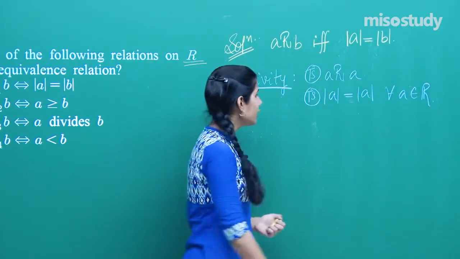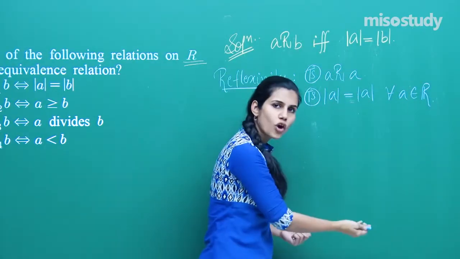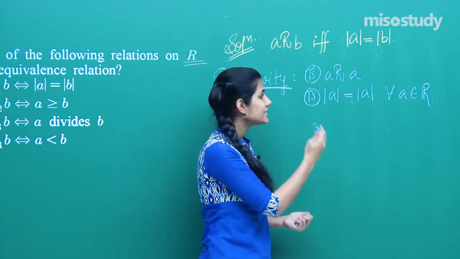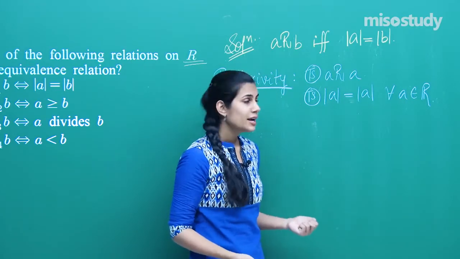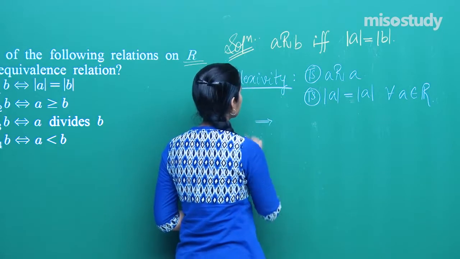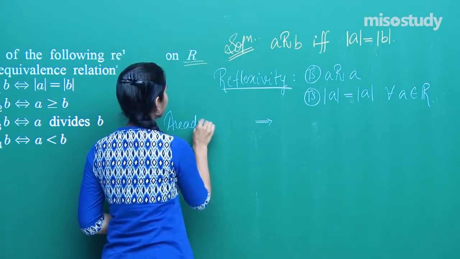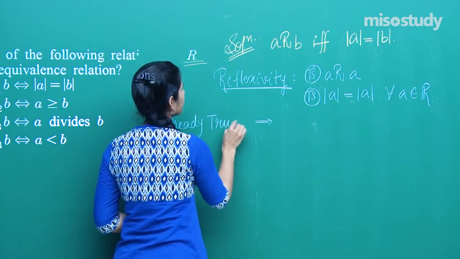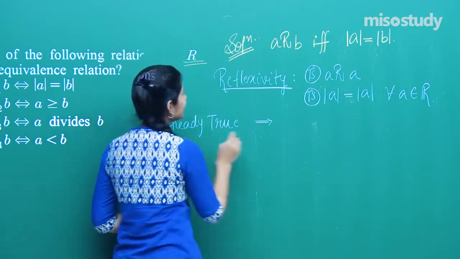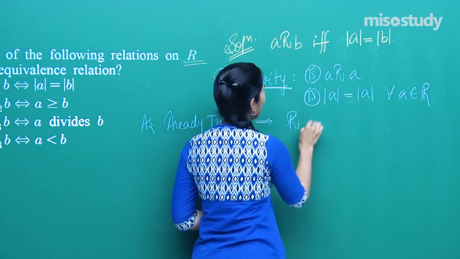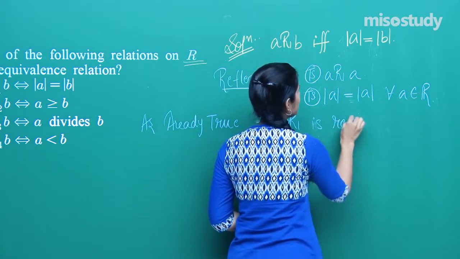This is true. Distance of A from 0 is of course equal to distance from 0 of the same number A. And therefore, because this is already true, this implies R1 is reflexive.